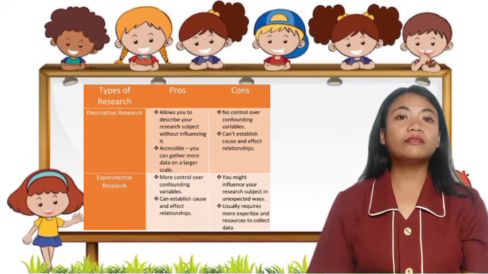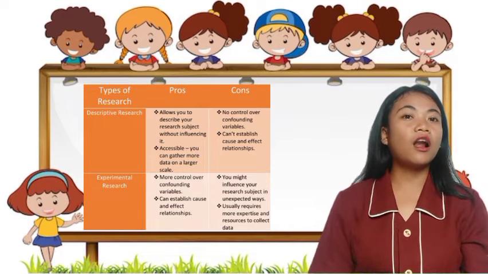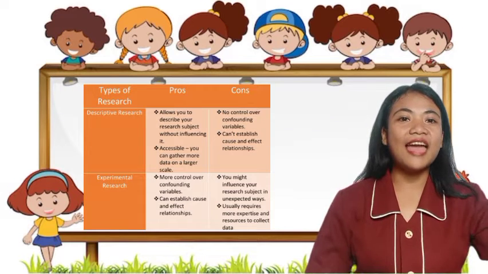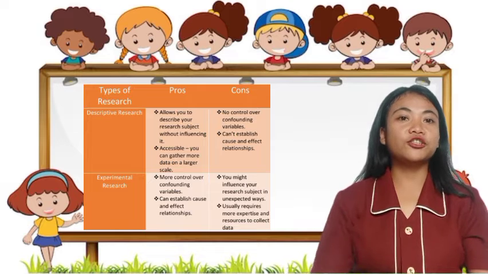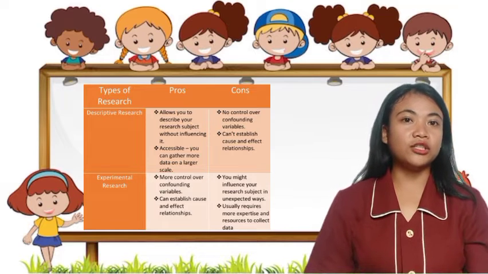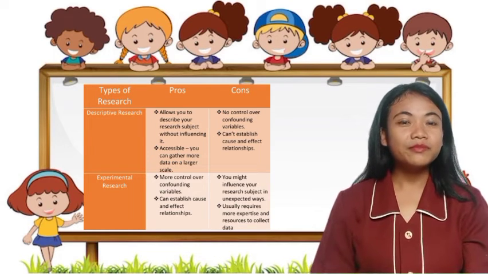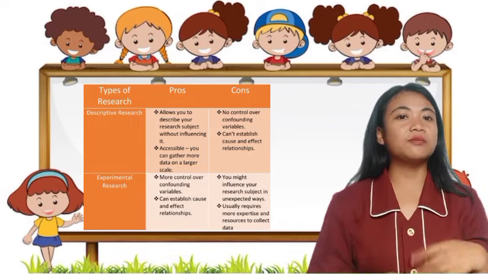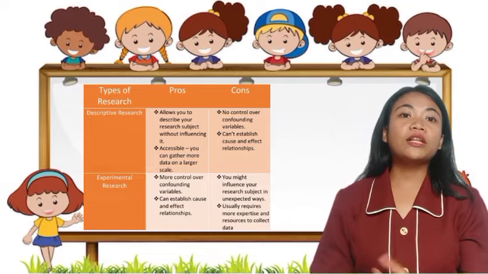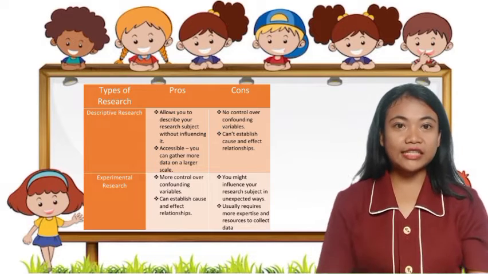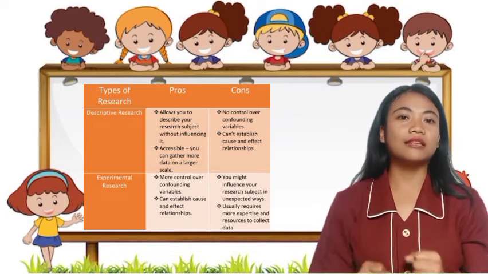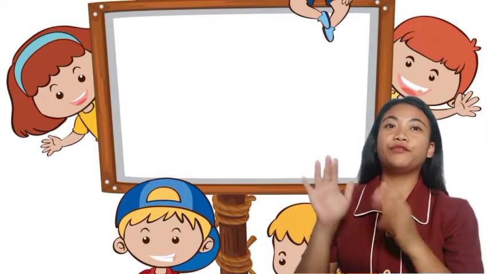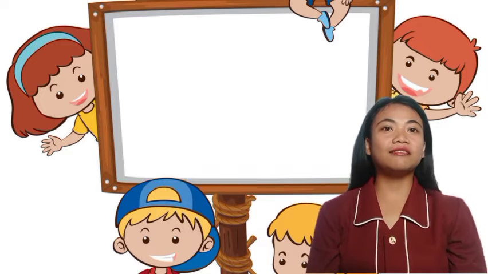For experimental data, its pros are you have more control over confounding variables, and you can establish a cause and effect relationship. For its cons, you might influence your research subject in unexpected ways, and it usually requires more expertise and resources to collect data.